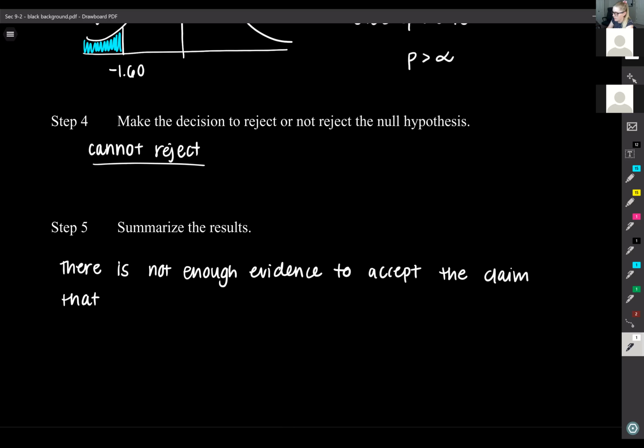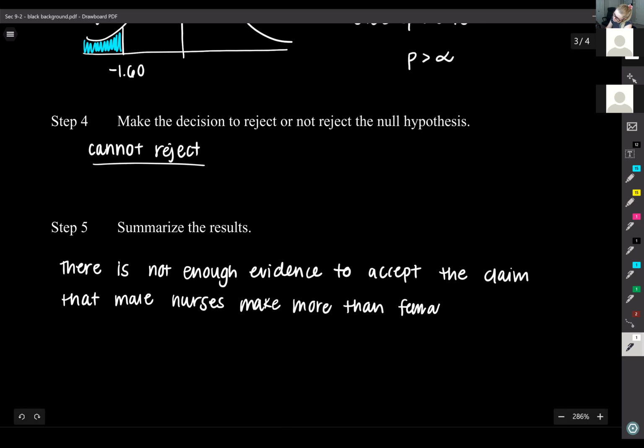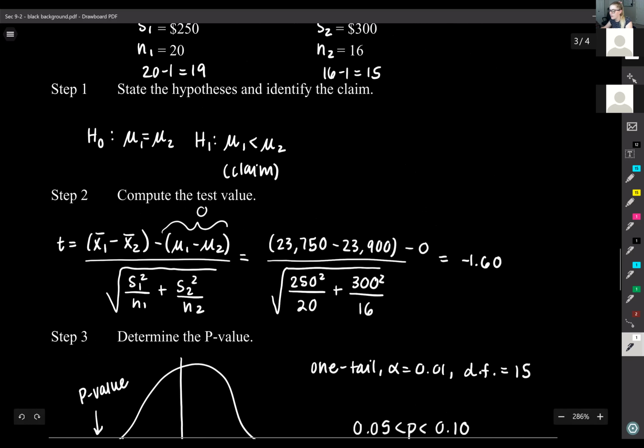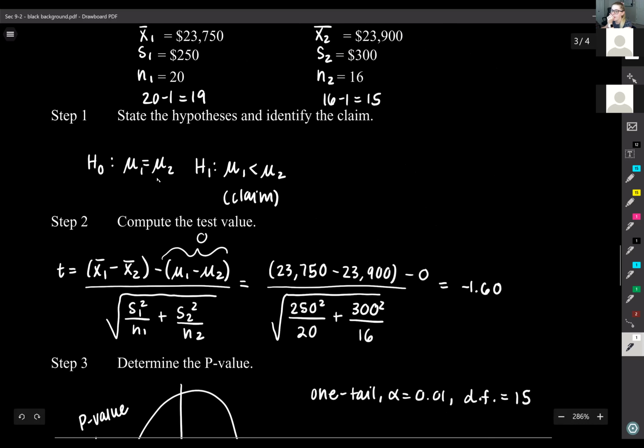So there's not enough evidence to accept the claim that male nurses make more than female. And that's because we were not able to reject the null hypothesis, and the null said that they make the same. If we were able to reject it, we could accept the alternative, but we don't have enough evidence to accept it.